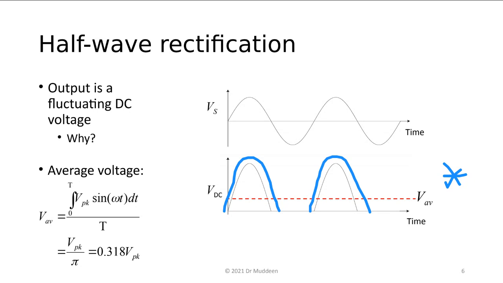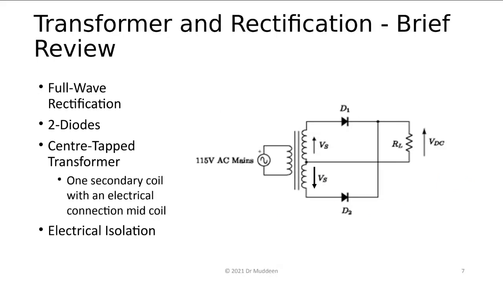If you average it over time, you find that the average value is about 0.318 of the peak value. So this whole thing is behaving as though you have a DC voltage of about 0.318 of whatever that peak value happens to be. It is DC and it's very irregular at this point in time, right?